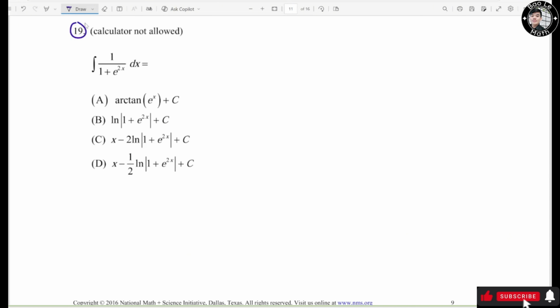Question 19. We need to calculate the integral of this one. Basically, look at the bottom right here, I have e to the 2s. So I can rewrite the top as 1 plus e to the 2s subtract e to the 2s, over 1 plus e to the 2s ds.